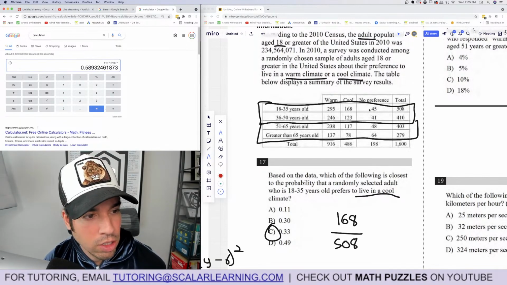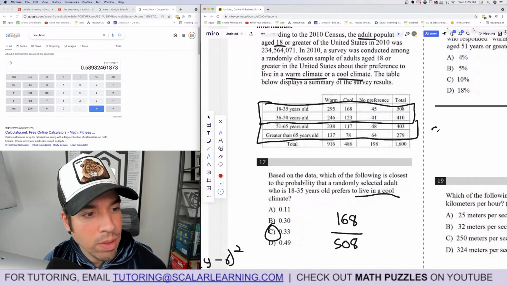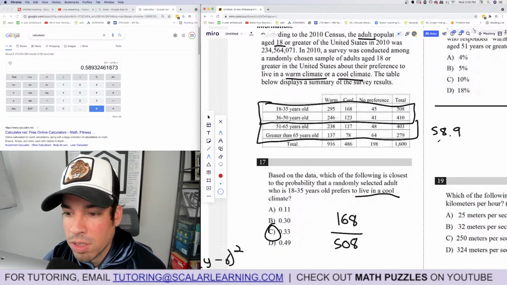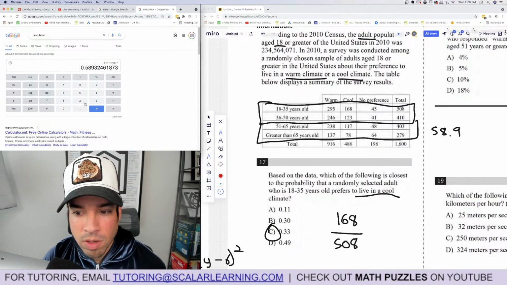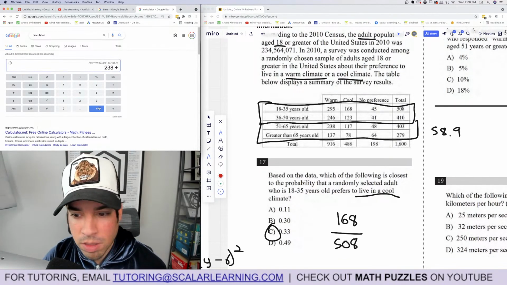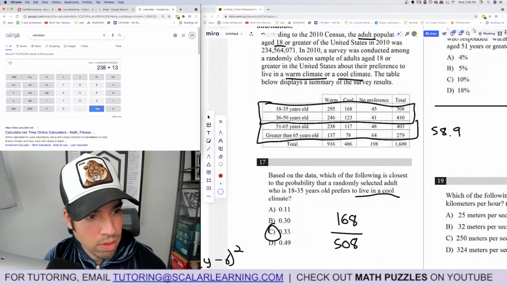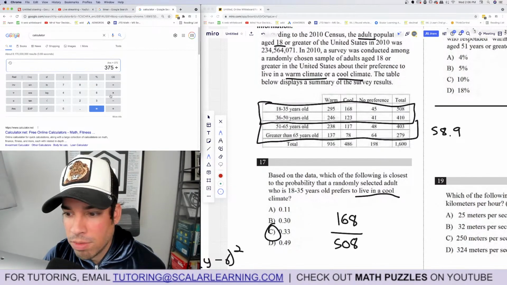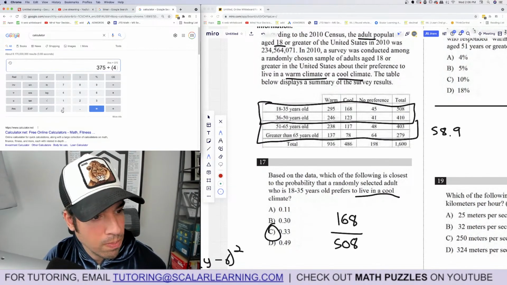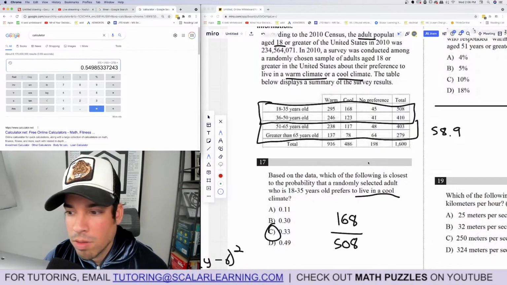So this percentage is 58.9%. And then this one is 238 plus 137 is 375 out of 403 plus 279... 24.9.